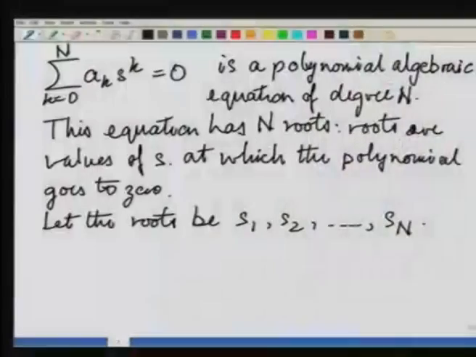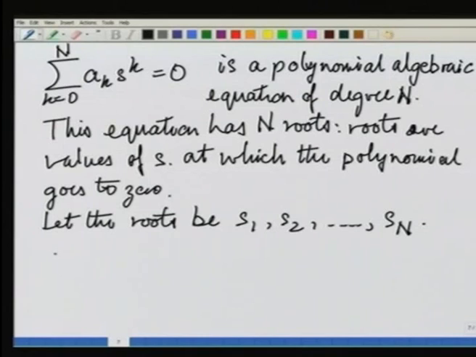We now have to look at how these roots are to be used to demonstrate that they are solutions for this algebraic homogeneous equation. By saying that the roots are S1 to Sn, what we essentially mean is this.